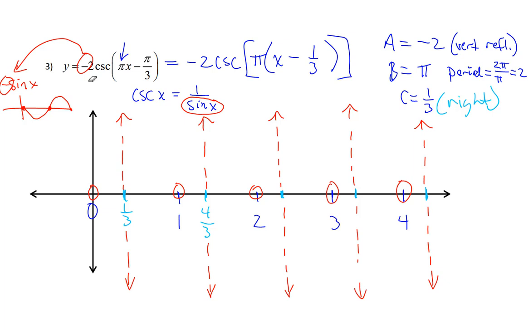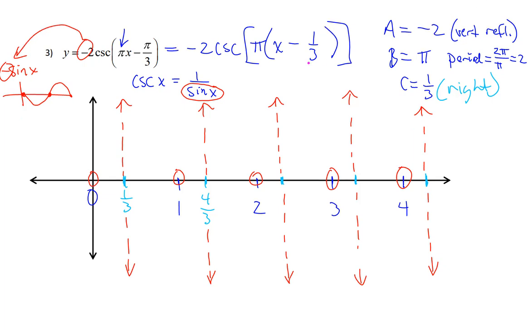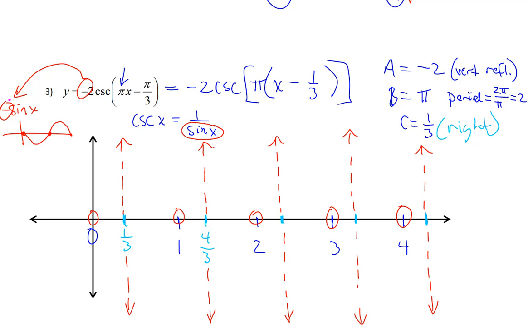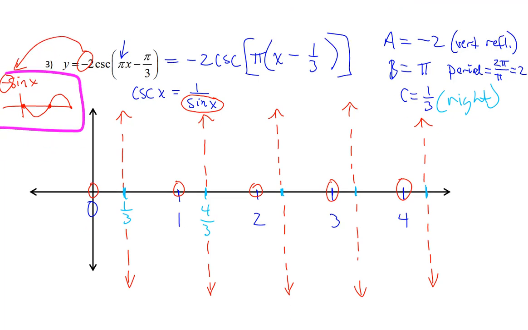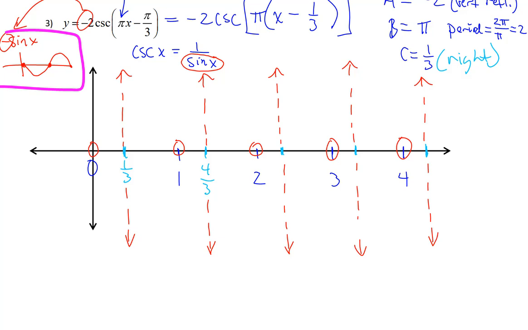So in that case, we'll take a look at each of these and sketch in this parent function for negative sine just to get an idea of what this will look like. Remember, we're starting at the origin, and then we would expect intercepts at all these places we've already circled. It's kind of overlaying this.